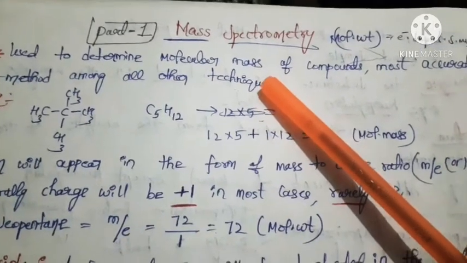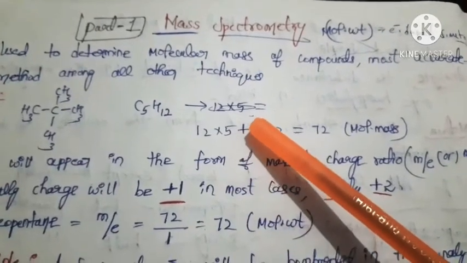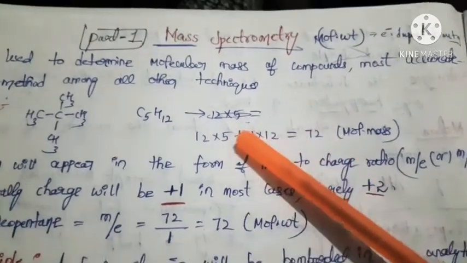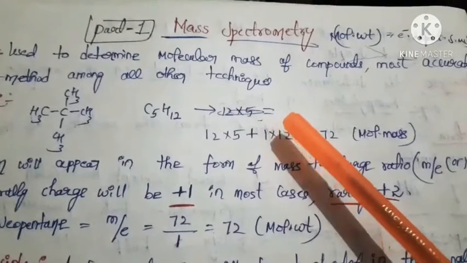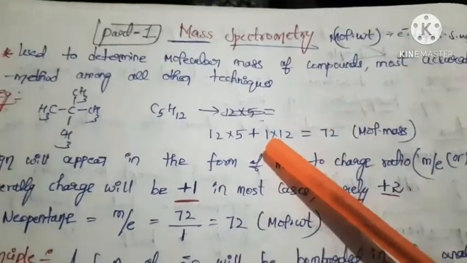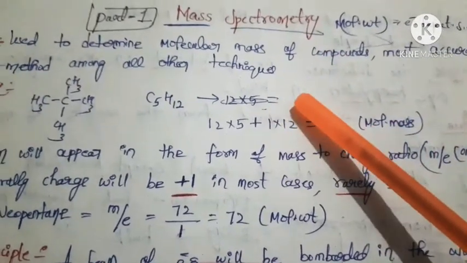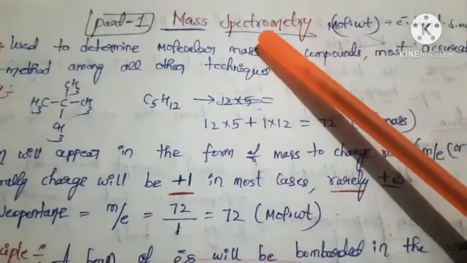See, in which cases do we use spectroscopy? Whenever there is an interaction between the sample and electromagnetic radiation, then we use spectroscopy as the suffix, but here it is spectrometry.